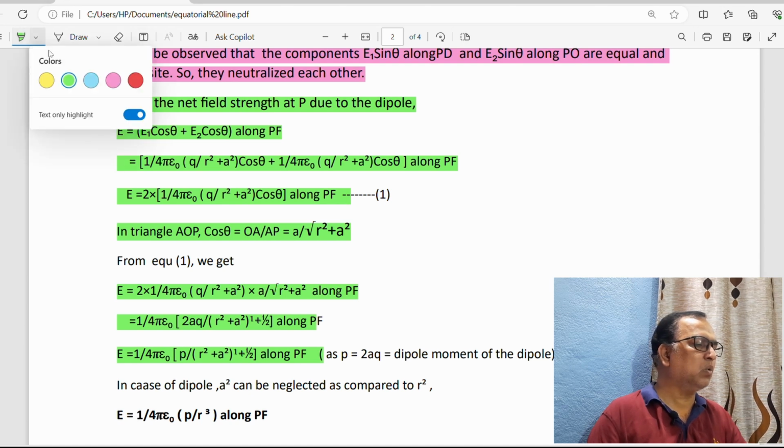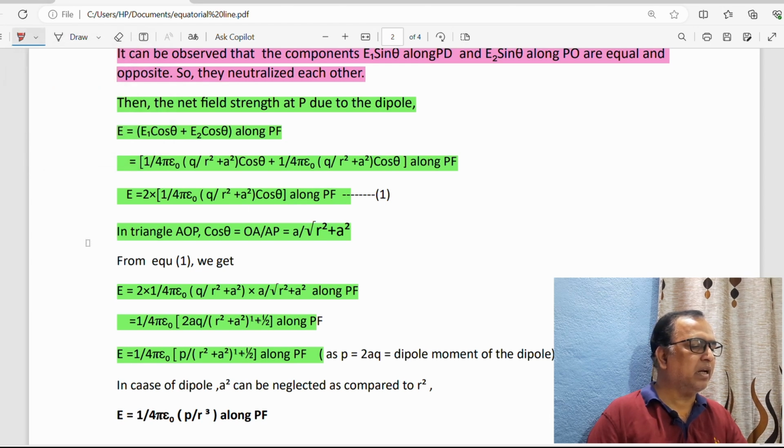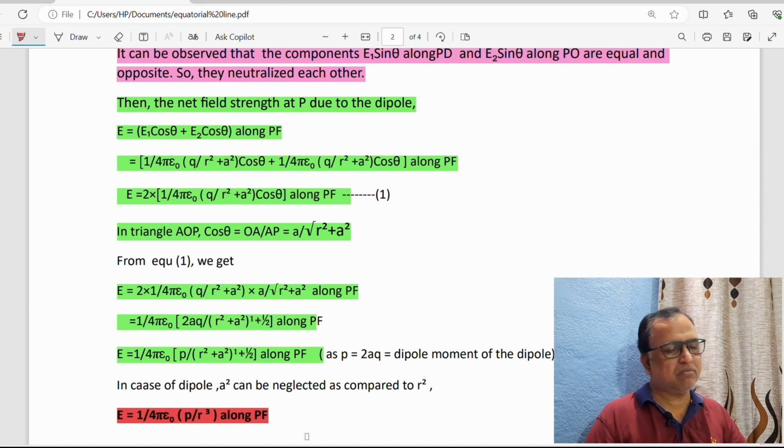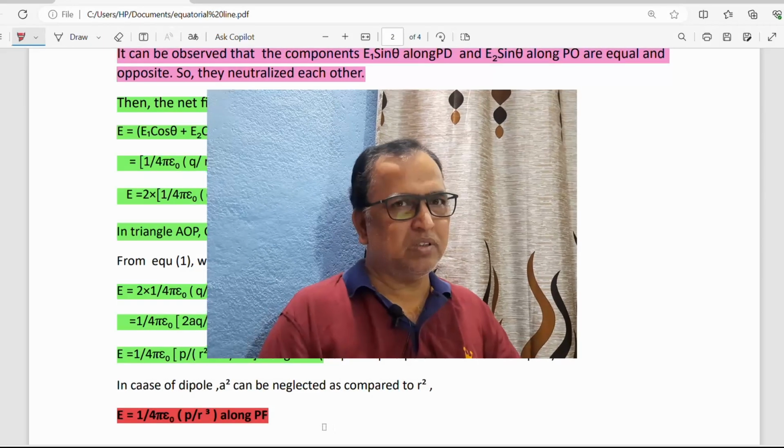So this is the total net intensity in the case of a dipole at a point situated on the equatorial line, that is, E is equal to 1 by 4 pi epsilon naught, p by r cube, along PF. Thank you. That's it.